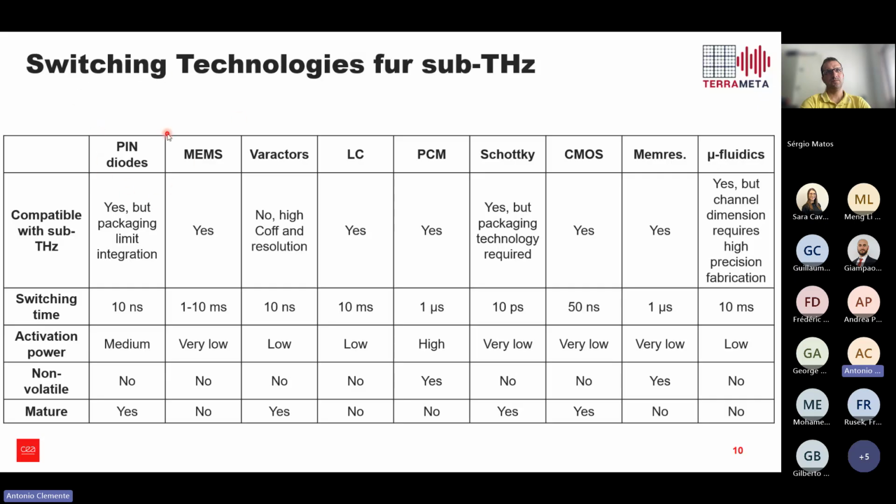Basically, we studied the possibility of using pin diodes up to sub-terahertz frequency, MEMS, varactor, liquid crystal, phase change material, Schottky diode, CMOS, memristor, and microfluidics technology. In my presentation, I will concentrate on the activity in my team, on phase change material, Schottky diode, and CMOS. In the last workshop last year, I presented some results on phase change material, so you will have an update of this work today.